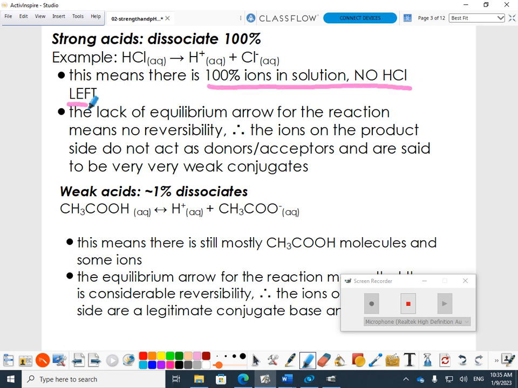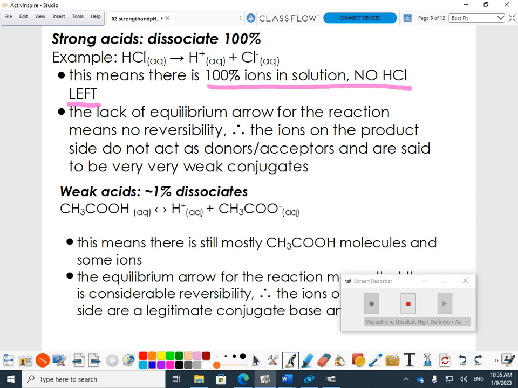There was one question in the first day's homework asking what's the concentration of nitric acid, HNO3, and the answer is 0 because HNO3 doesn't exist when dissolved in water. Acids are water loving. For strong acids, the reaction is 100% complete. Again, there is no equilibrium arrow.